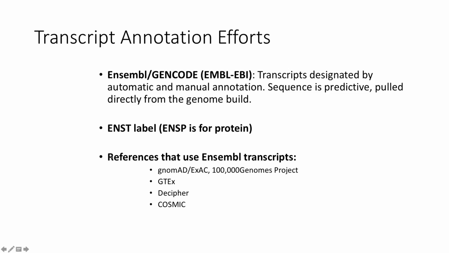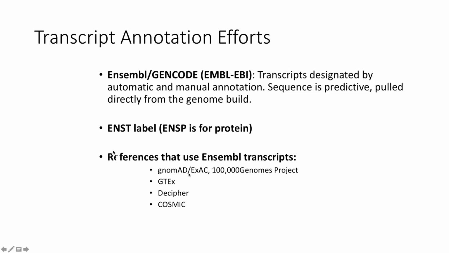Most importantly, the references that use Ensembl transcripts are basically all of your population database references. So gnomAD, ExAC, 100,000 Genomes, GTEx, which I'll talk about later, it's an expression database, DECIPHER, and also COSMIC. So that's important to keep in mind that clinical labs, and I'll get a little bit more into detail on this, often use RefSeq. However, these large population databases use Ensembl.